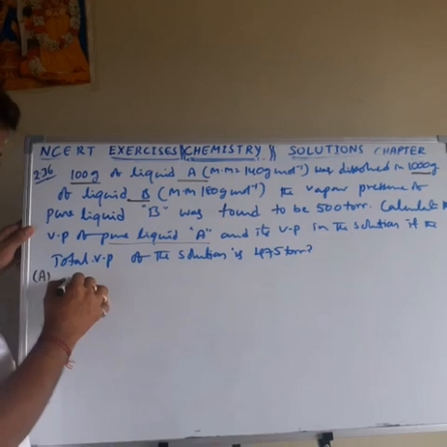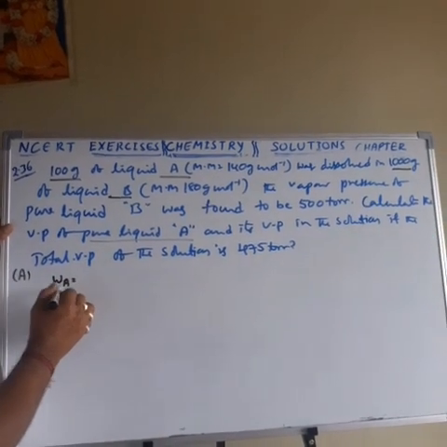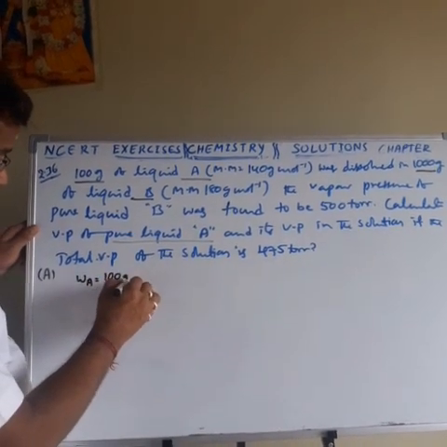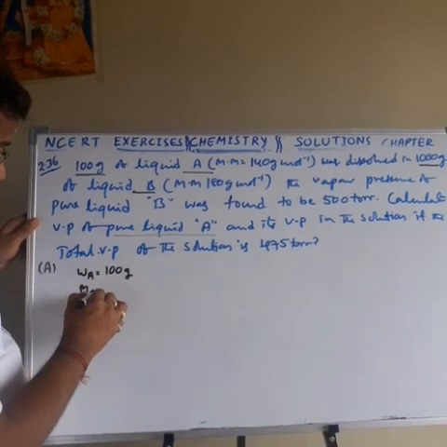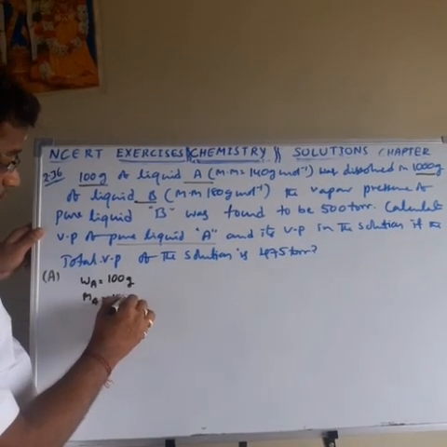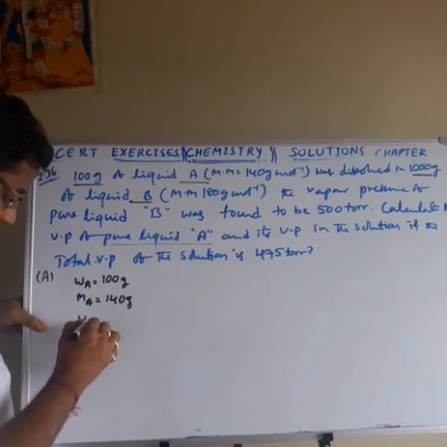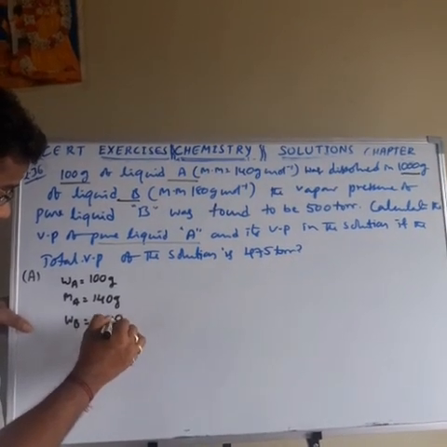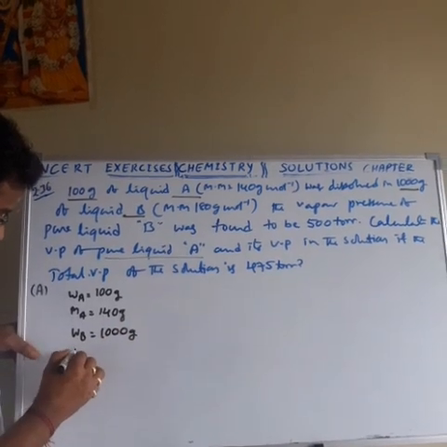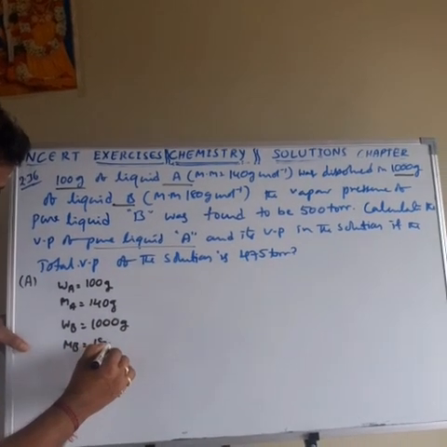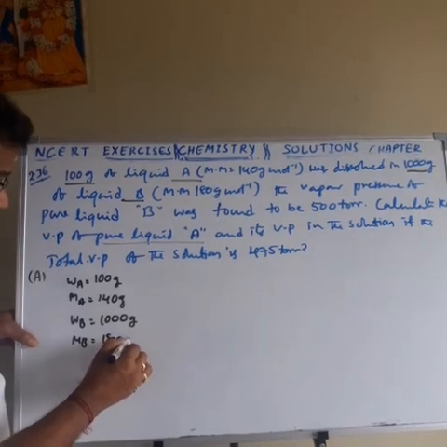First, weight of A is 100 gram. Molecular weight of A is 140 gram. Next, weight of B is 1000 gram. Molecular weight of B, sorry, 180 gram.